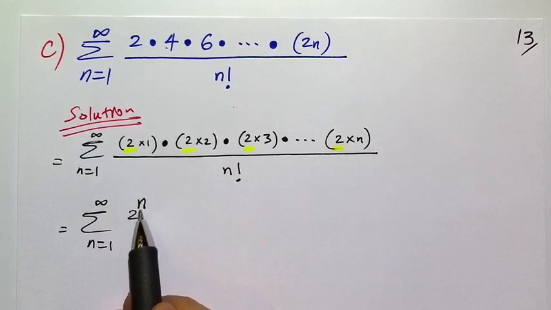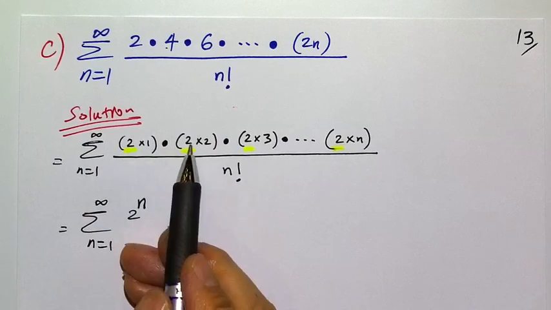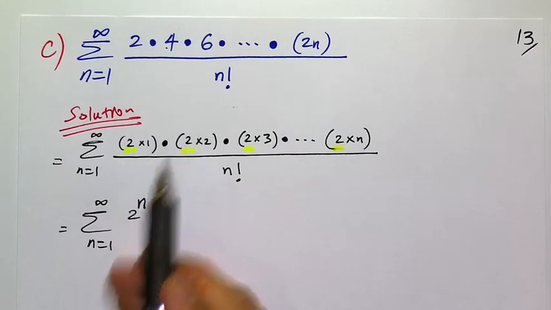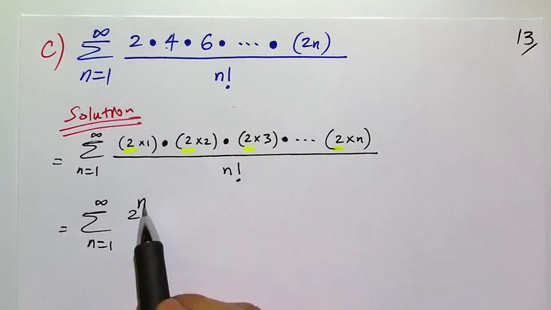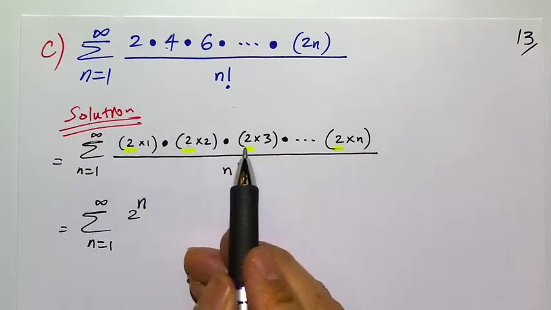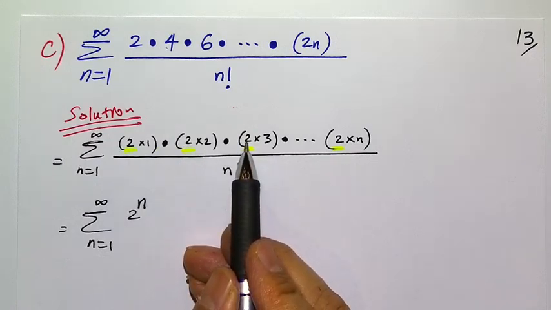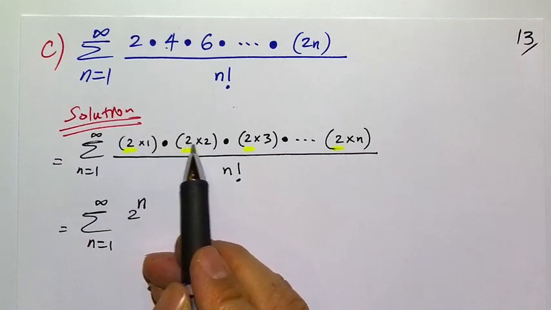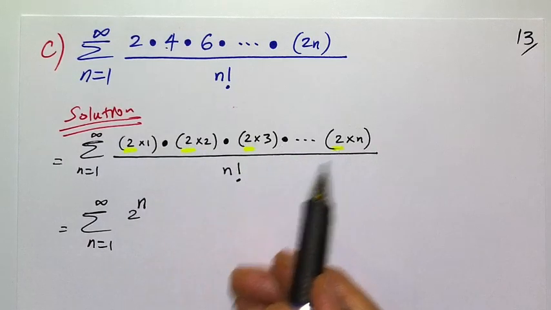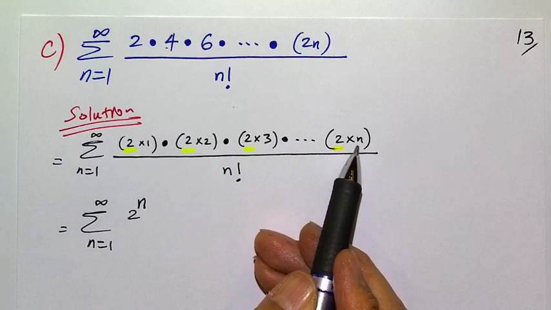For n equals 2, we get this 2 and that 2, 2 times 2, which is 4. For n equals 3, we get 2 cubed, or 8, 2 times 2 times 2, which is 8, and so on. So this term models these first 2's all the way to the nth one.